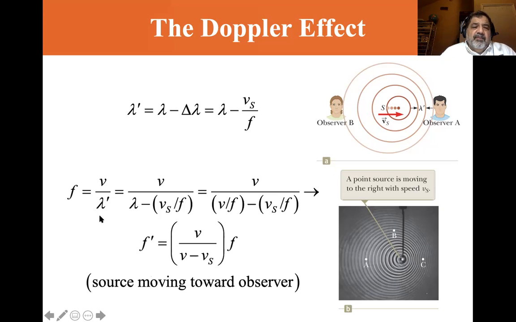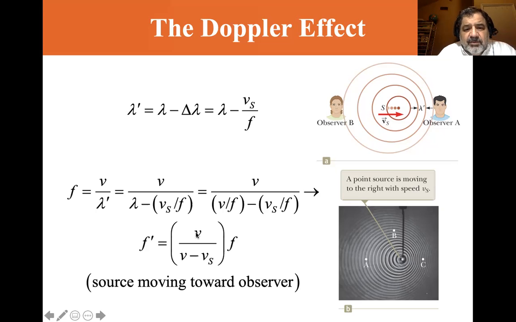So the frequency is equal to the velocity divided by lambda prime, and lambda prime is equal to lambda minus v_s divided by f. So it's v over lambda minus v_s over f, which is equal to the velocity divided by the velocity minus the velocity of the source divided by f.